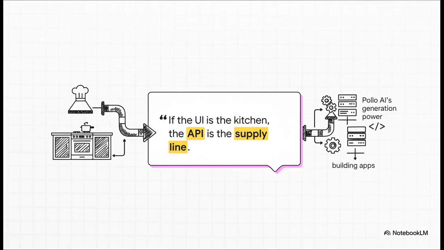And for that developer group, the API is literally everything. I love this analogy from the source material. If the UI is the kitchen, the API is the supply line. It's perfect, right? It just means developers can bypass the friendly user interface and programmatically tap into all of Pollo AI's generative power to build their own apps and services on top of it.